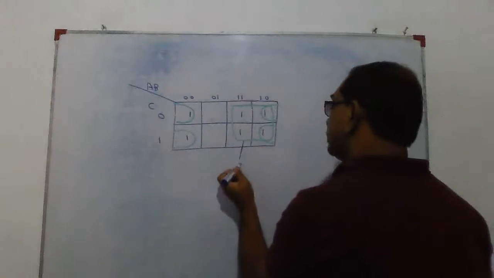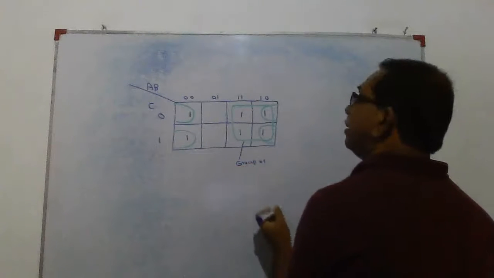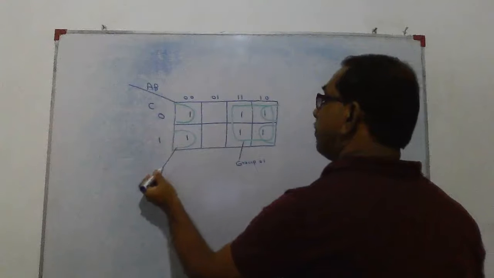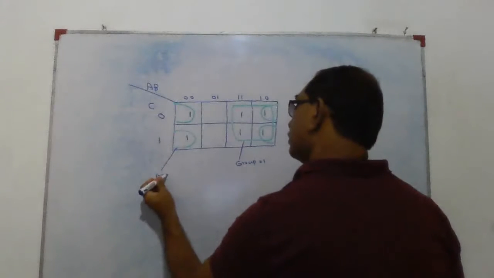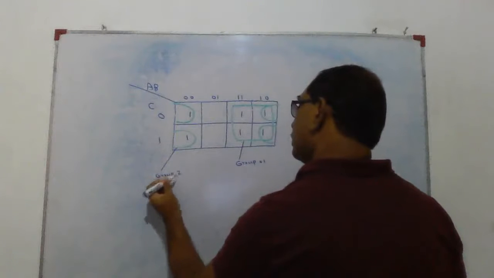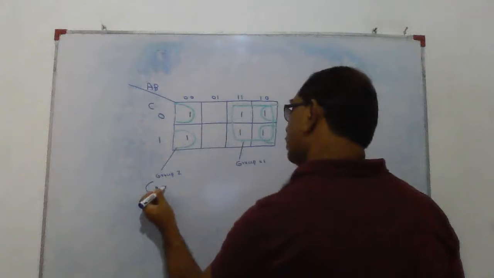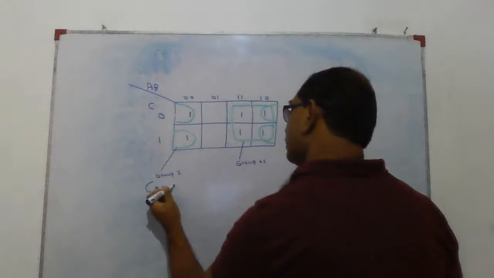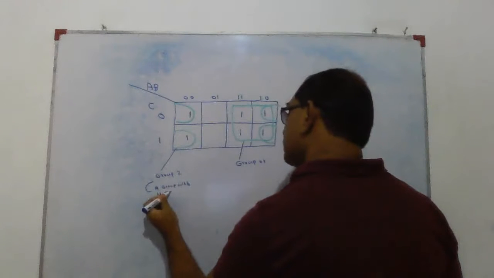This is group 1, and this 4 can be taken as group 2. It is actually a group with 4 cells.